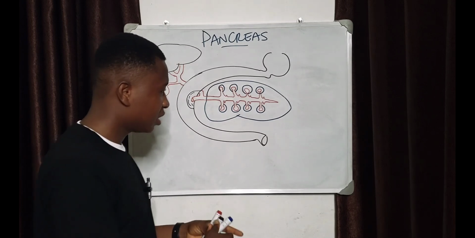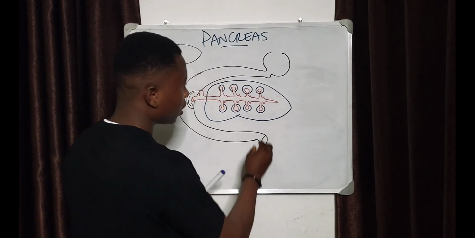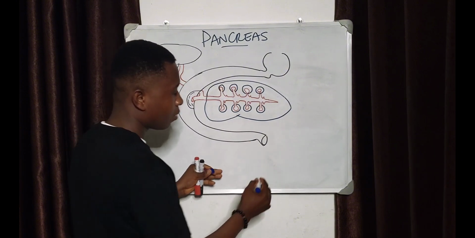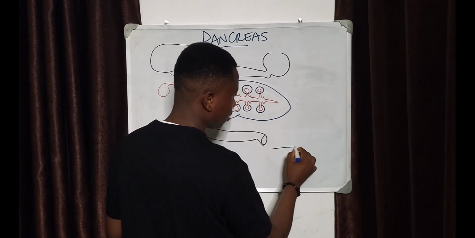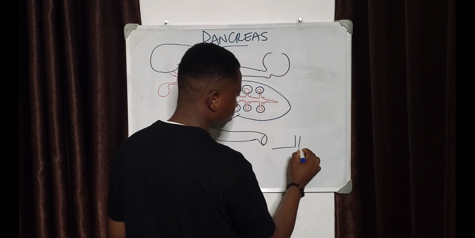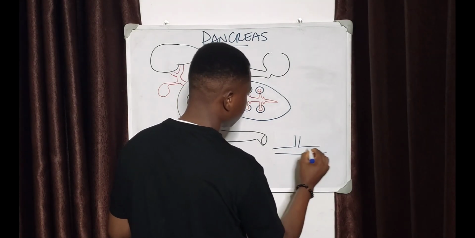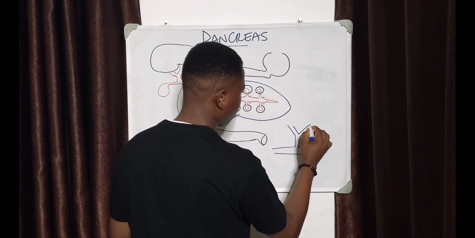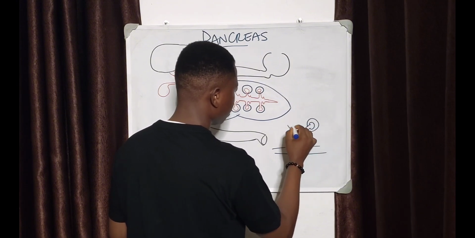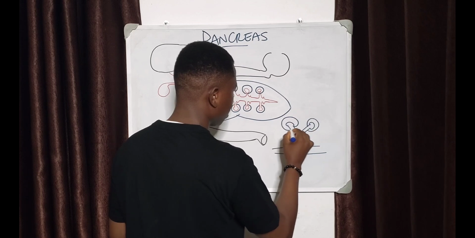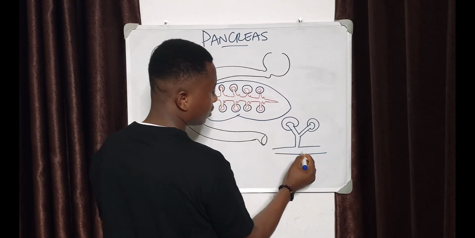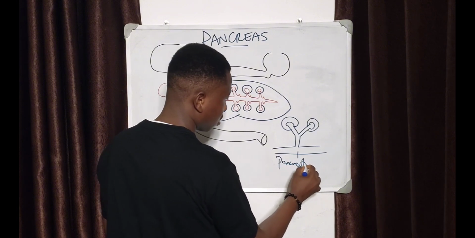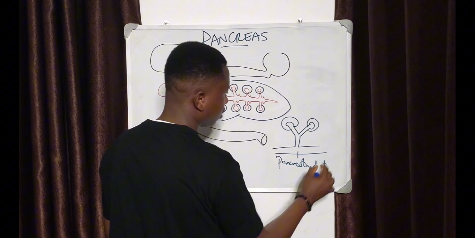Let us see what it really is. Okay, so if I pick a part of this to magnify, I would have a structure like this. So this is the pancreatic duct.